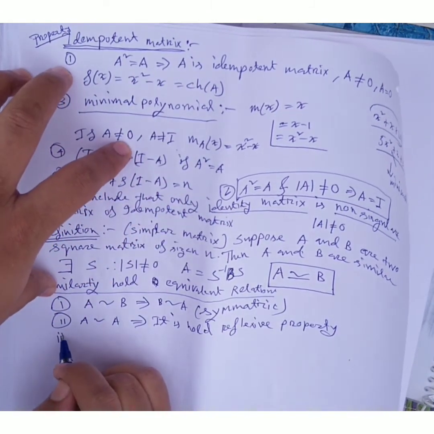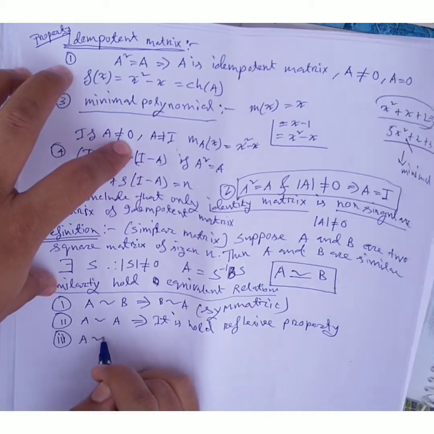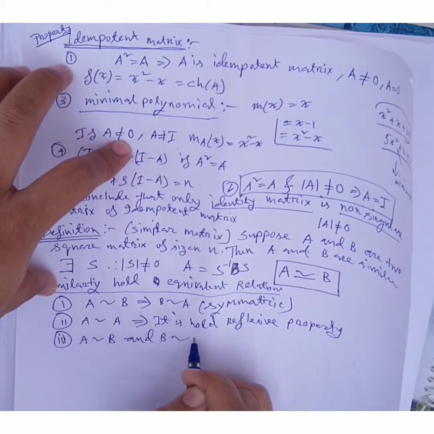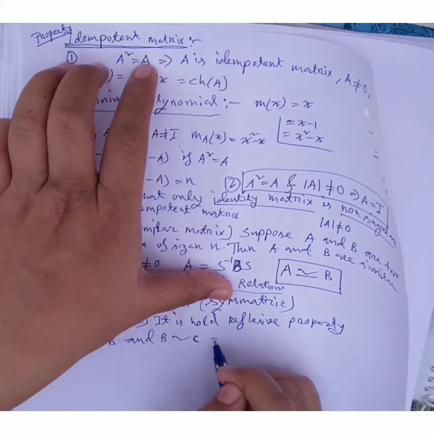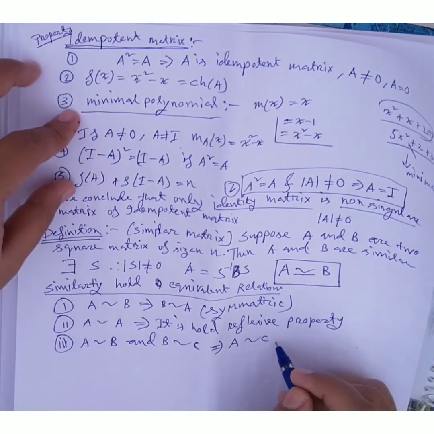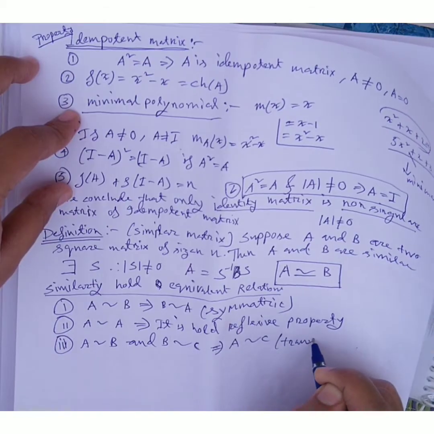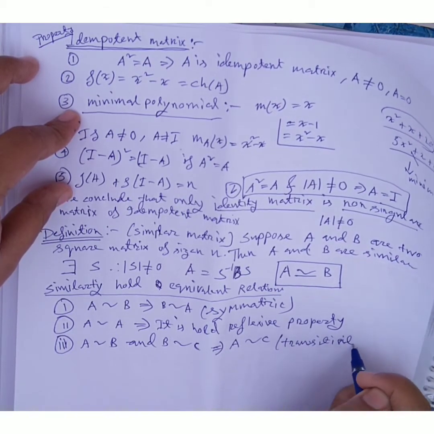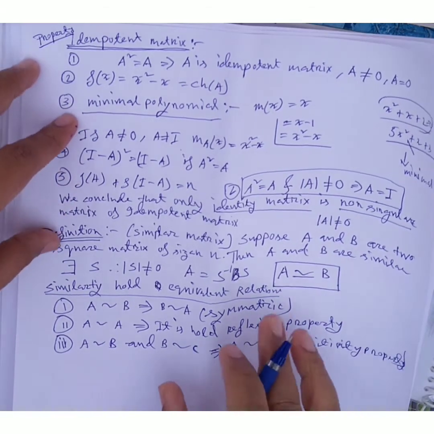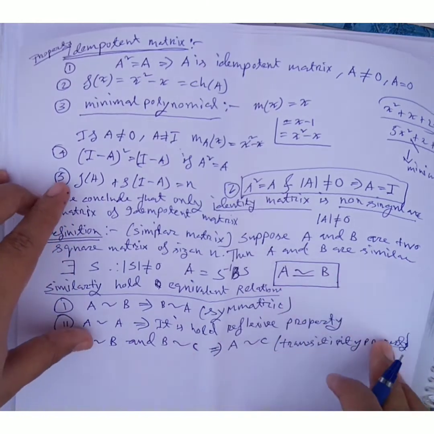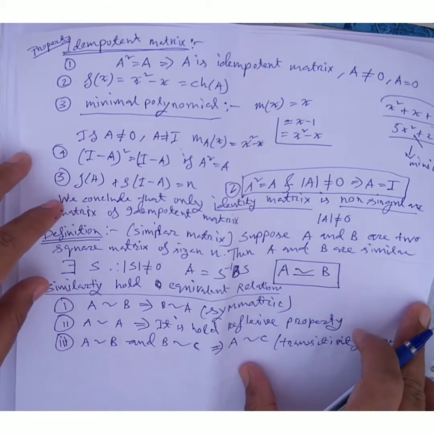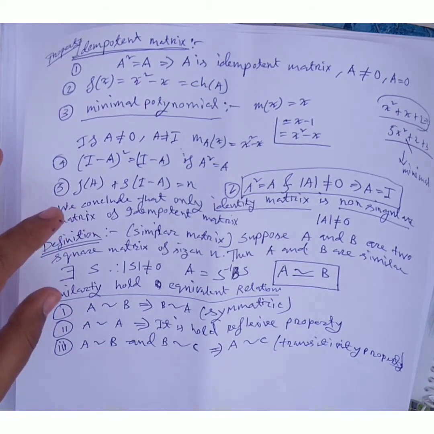And number 3, A similar to B and B similar to C implies A similar to C. This is called the transitivity property. So friends, it is clear that similarity holds as an equivalence relation. And let us discuss diagonalization.